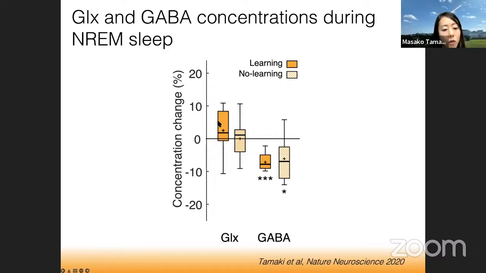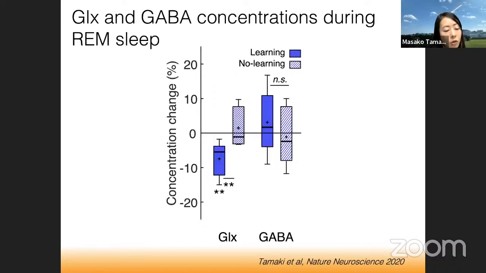For non-REM sleep, there was a significant decrease in the amount of GABA after learning, and also when there was no learning. And there was no significant change for the glutamate concentration. So the EI ratio change during non-REM sleep was due to the decreasing GABA level.